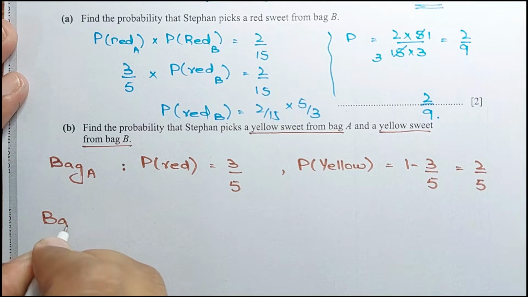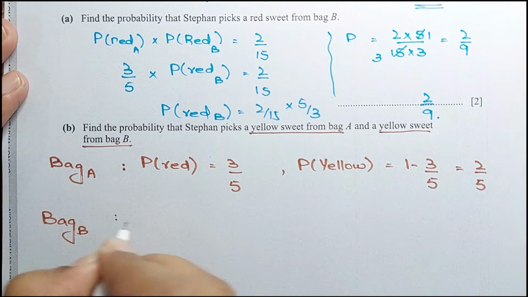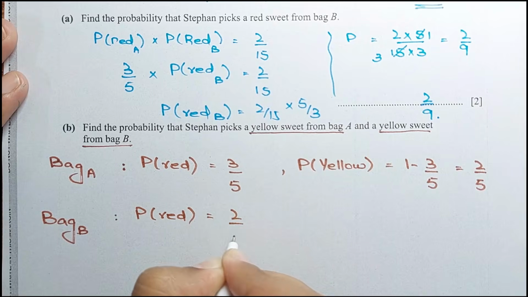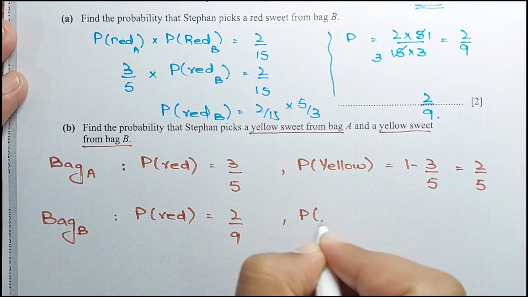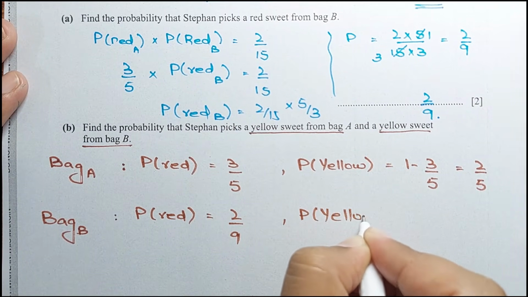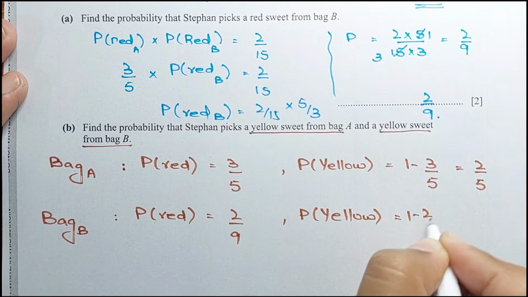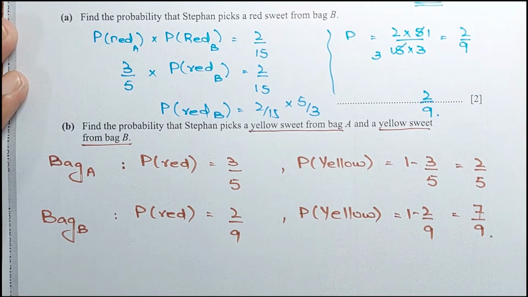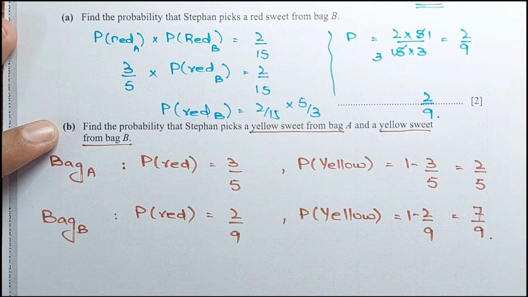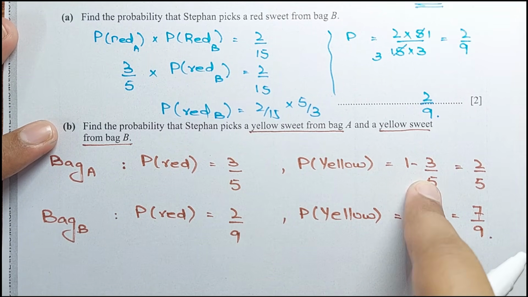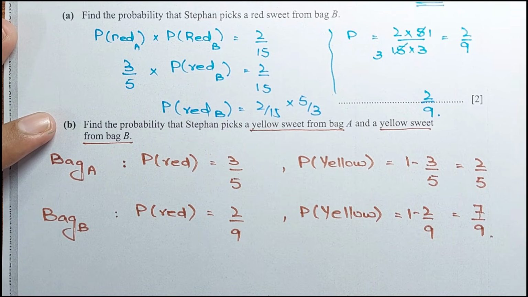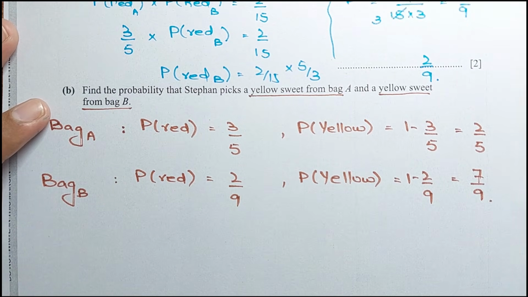Now for bag B, the probability of red we have done, which is 2 by 9. And what is the probability of not red, which is the probability of yellow? That is 1 minus 2 by 9, which is 7 by 9. Now we need to find the probability that he picks a yellow sweet from bag A and yellow from bag B, so just the product.